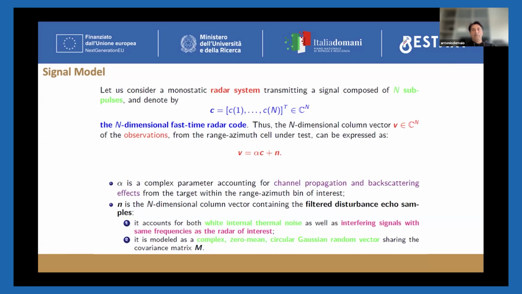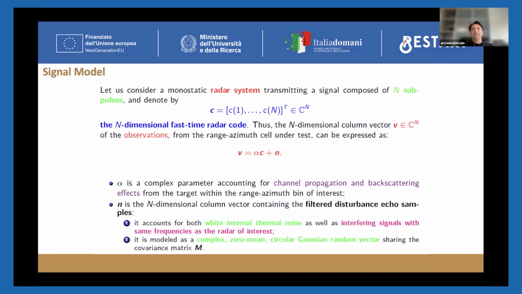Each entry of C weighs a delayed version of a basic subpulse, or also chip. And at the receiver side, the incoming signal is first of all down-converted to baseband, then it undergoes a subpulse matched filtering process, and finally it is sampled at the chip rate.